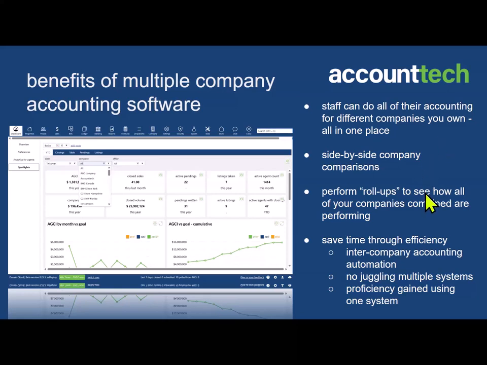The other main benefit of having multi-company accounting software is well known to many of you, which is called intercompany accounting. For any of the old school accountants on this call today, you know that when you have multiple companies, it always happens that one company pays a bill, but part of the bill is for one of your other companies.